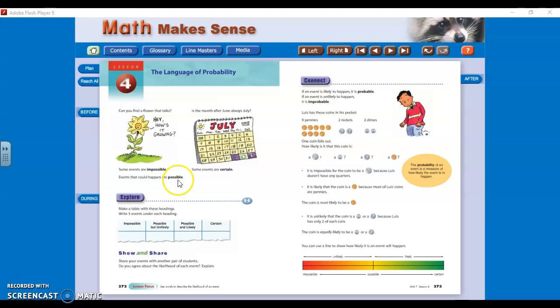It is possible that a nickel could drop, but it is not likely, so it is improbable. Now he does have a lot of pennies. So out of any coin that falls out of his pocket, it is most likely going to be a penny. So I would say it is probable.